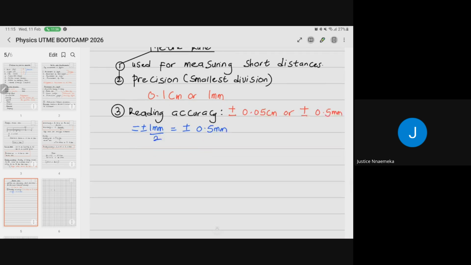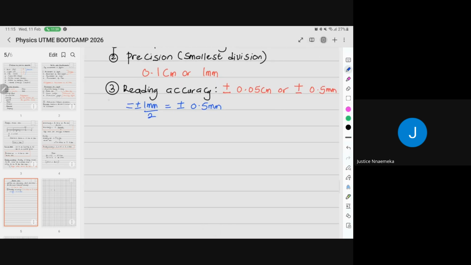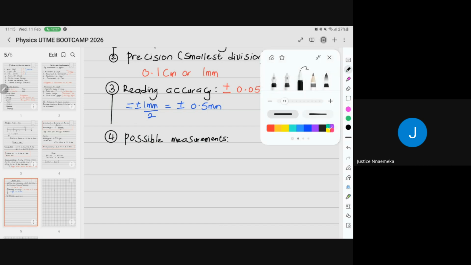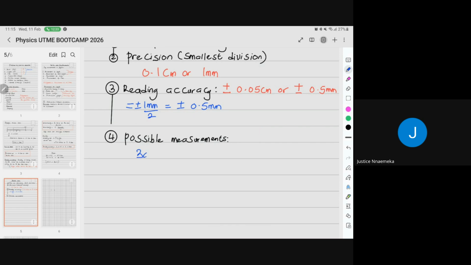So for meter rule, possible measurements. Now for meter rule, you could have 30 millimeter.